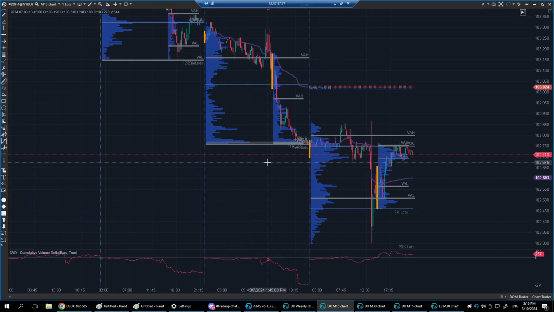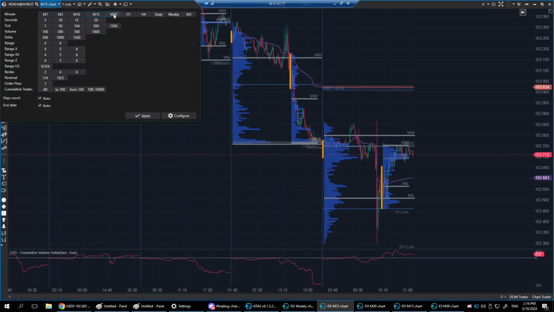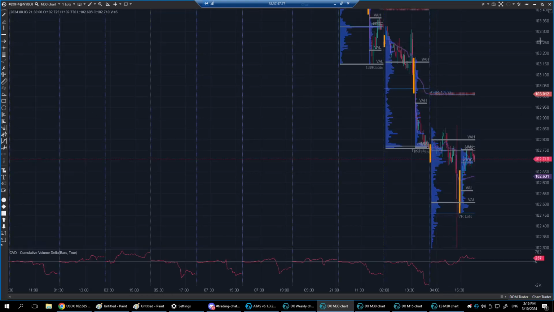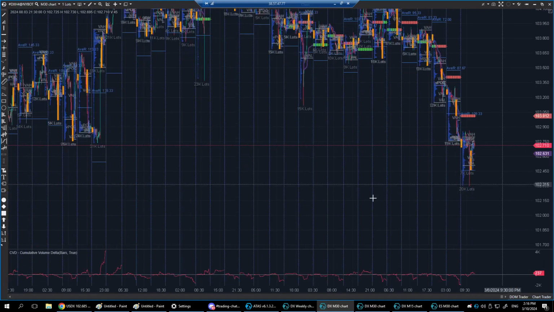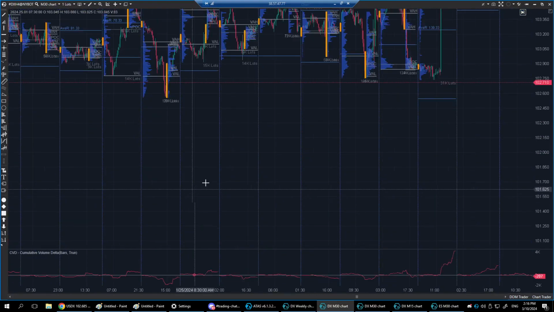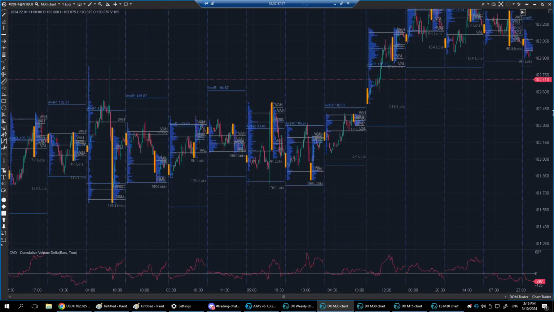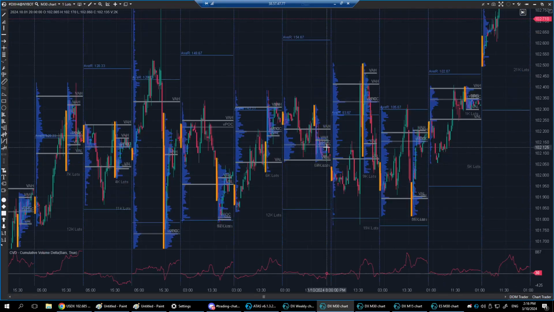Anything stick out in the volumes? Let's switch it to M3. So going back in time to January, I'm just going to look for any kind of confluences.